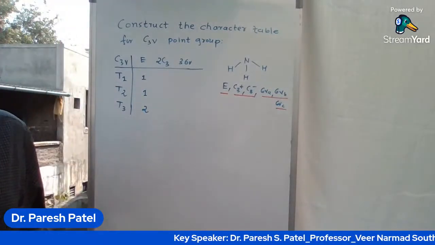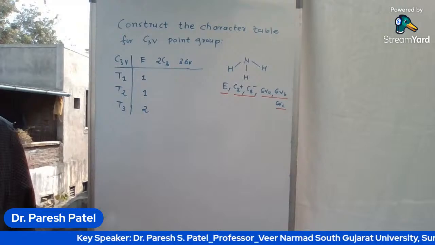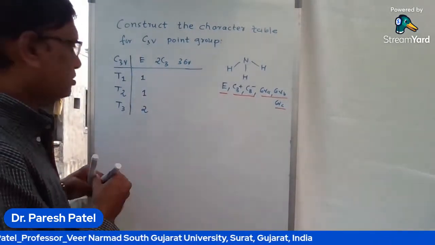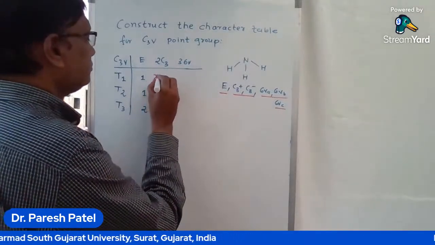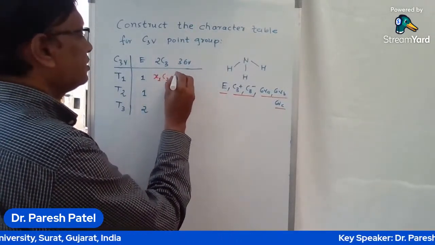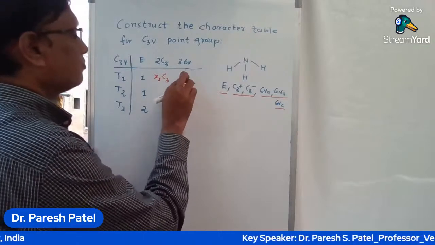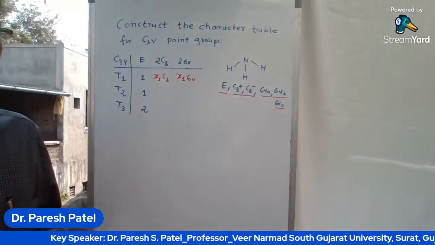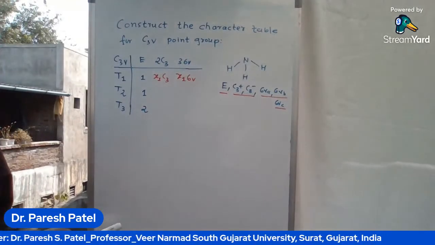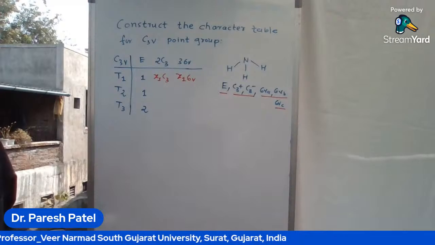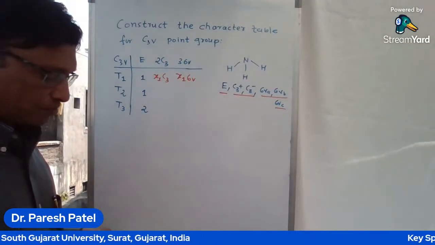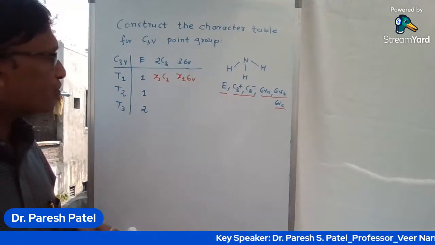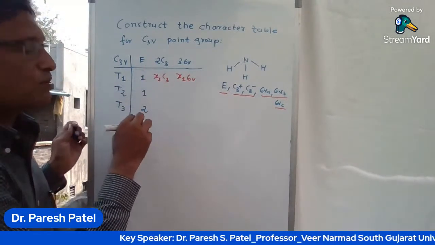To get the first irreducible representation, we need the character of E, character 1 C3, and character 1 sigma V. The sum of the squares of the characters is equal to the order of a group. This is the third characteristic of the irreducible representation.